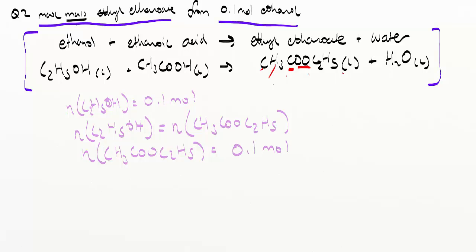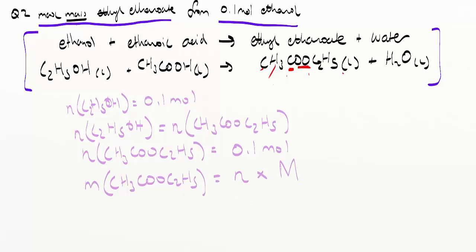Then I realize that the mass of ethyl ethanoate, CH3COOC2H5, is going to equal what? It's going to equal the number of moles times the mass of 1 mole, which is going to be big M like this, right?